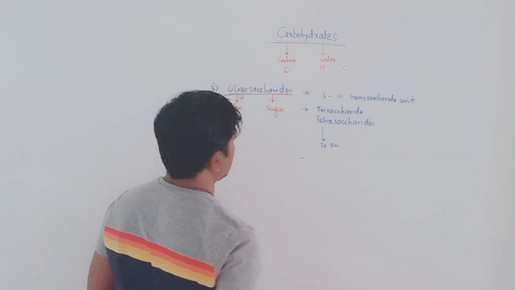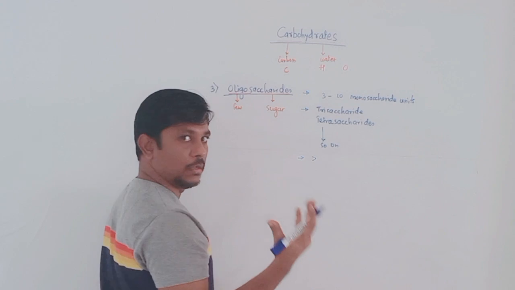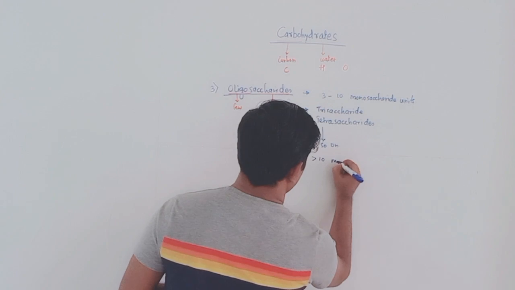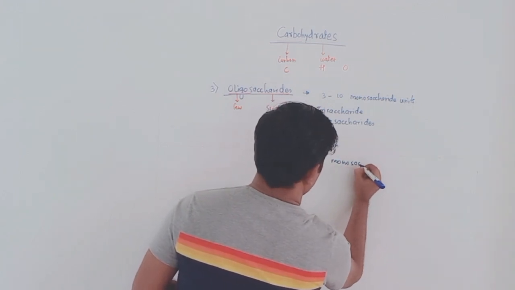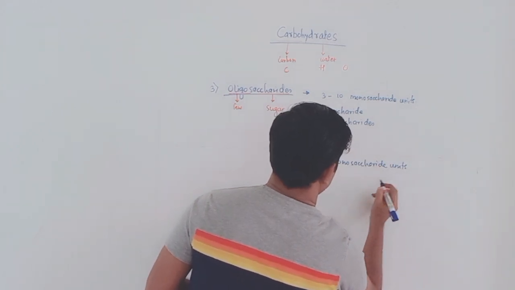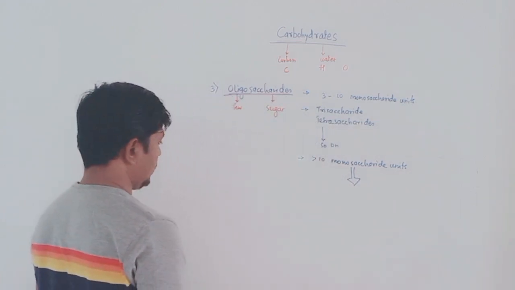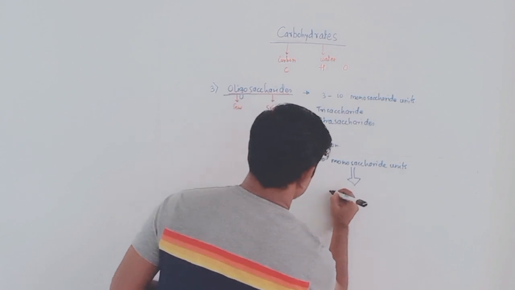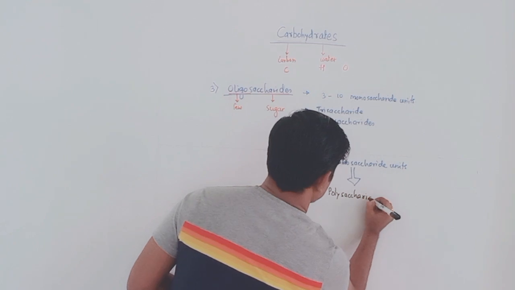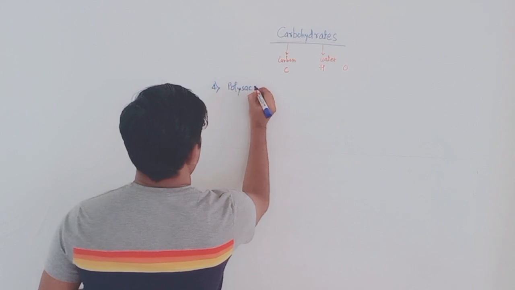Once monosaccharide units reach or go beyond 10, so more than 10 monosaccharide units, that gives us polysaccharides. These are referred to as polysaccharides. So number 4, polysaccharides.